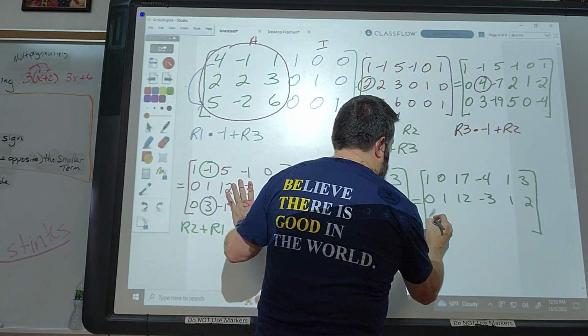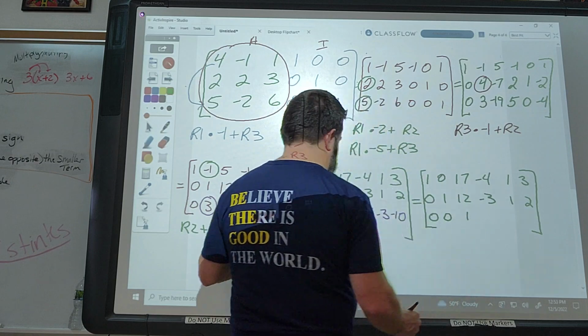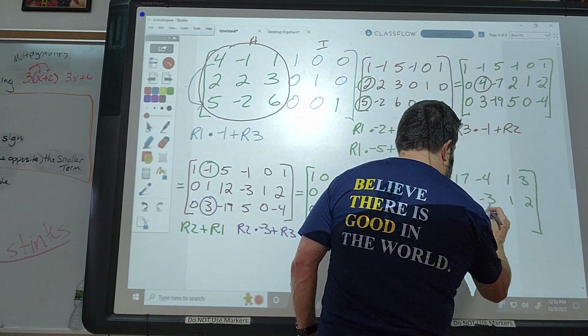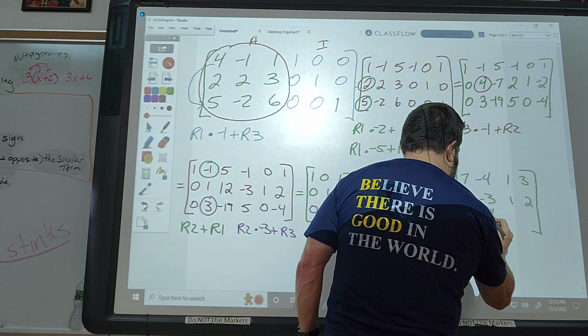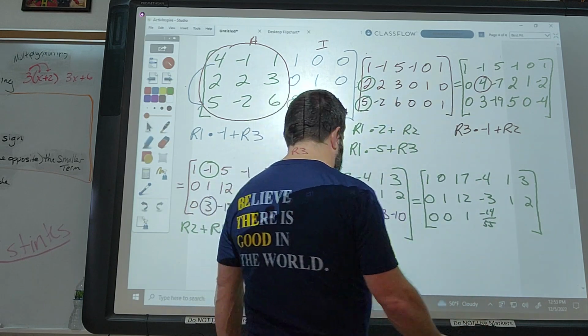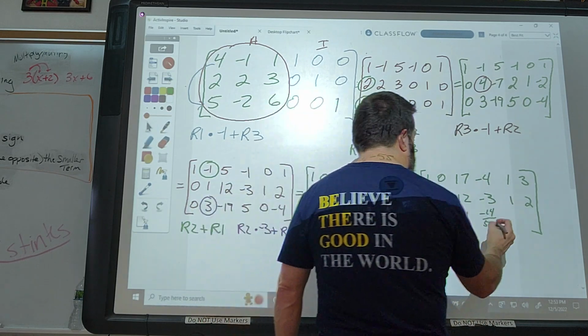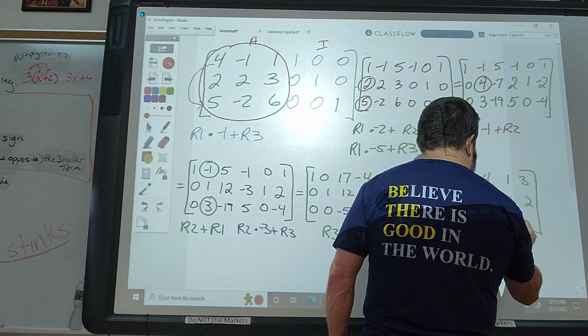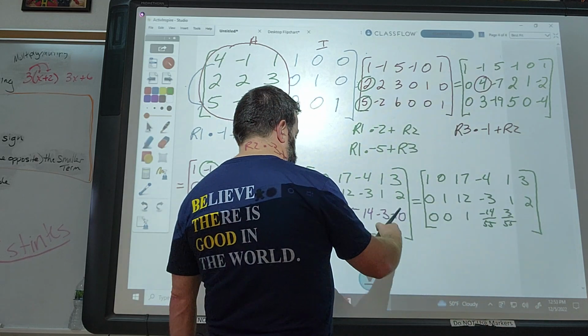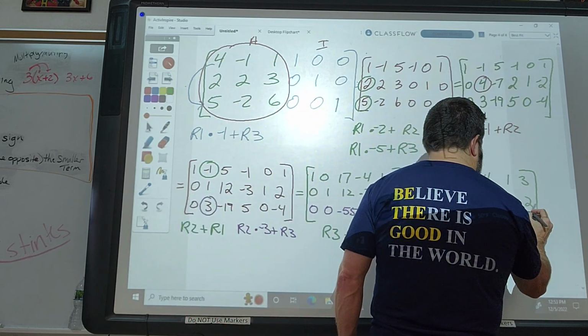Here I get 0, 0, 1, negative 14 over 55, positive 3 over 55, and 10 over 55.